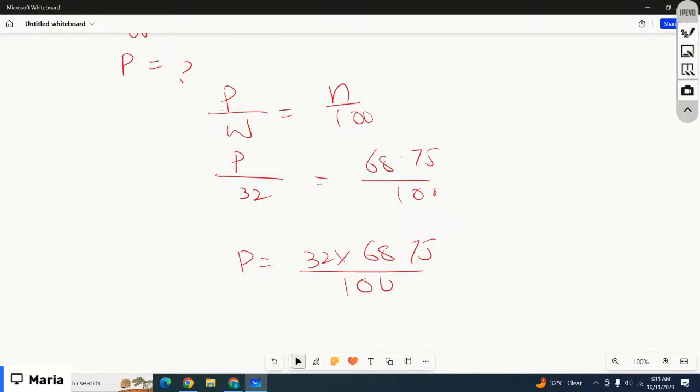So let me just do the calculations. If you do the calculations, it would be 21.04, right?